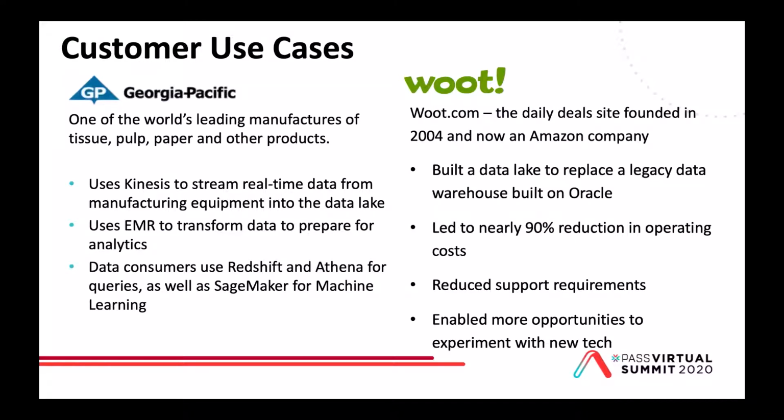Now let's hear how our customers leverage AWS Data Lake. Georgia-Pacific produces hundreds of paper and tissue parent rolls every day and converts those parent rolls into consumer-ready bath and tissue products.